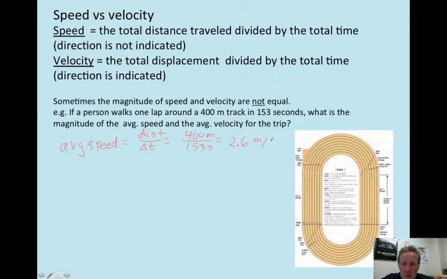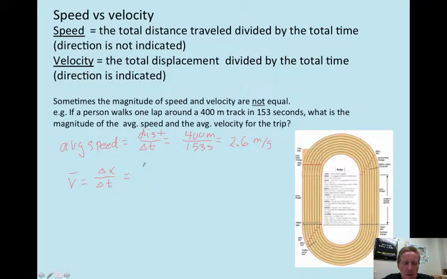meters per second. And then if we want to find average velocity, I'll put a bar over the v to tell you that it's average. We have change in x, which is displacement, over change in time. Since the person went one lap around the track, they end up in the same spot.